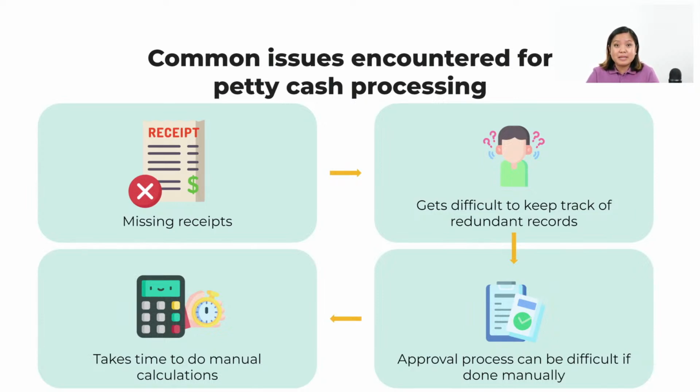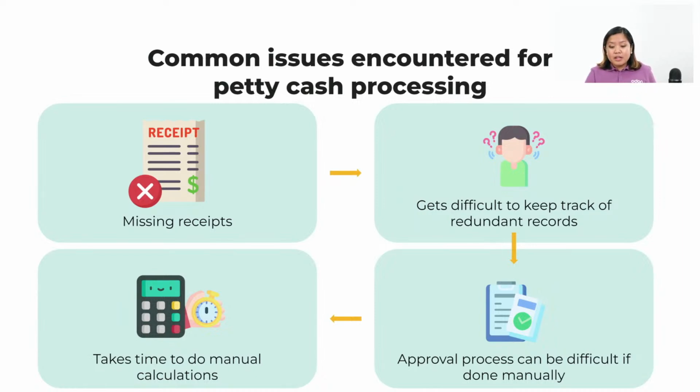So that's basically missing receipts or mismatches. It gets difficult to keep track of redundant records. That's the reason why the first process I showed you is preferred by accounting professionals in the Philippines, because they like seeing bit by bit the process of managing petty cash issued to the company. It's easier for them to monitor redundancy, whether the petty cash was used properly, whether money was returned, or some was unused and not returned.